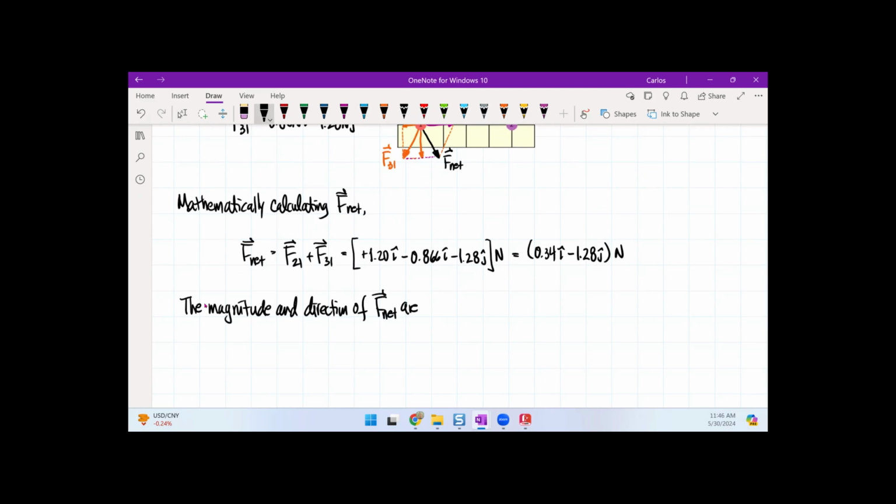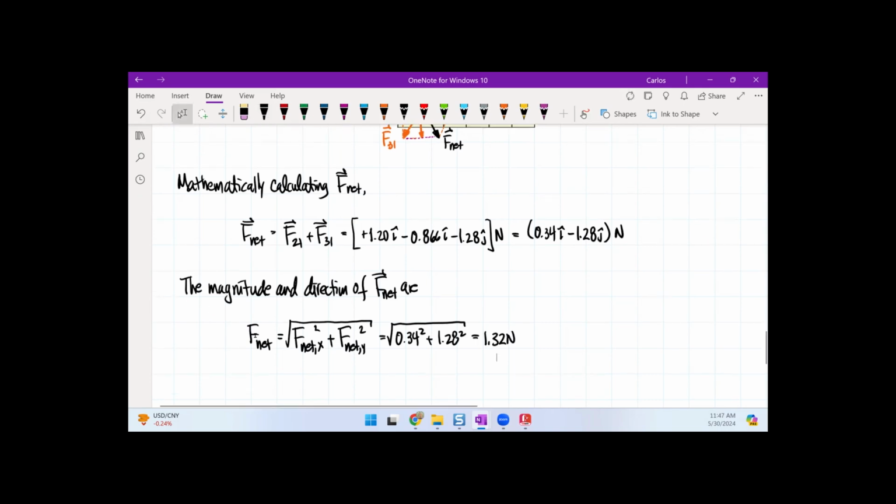The magnitude says that F net has to equal the square root of F net x squared plus F net y squared, and that has to equal the square root of 0.34 squared plus 1.28 squared, and this gives me a magnitude of 1.32 newtons.